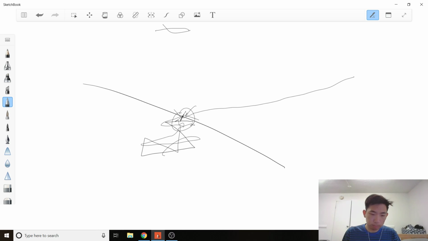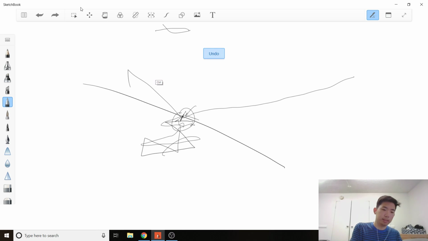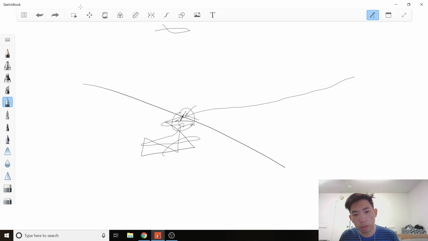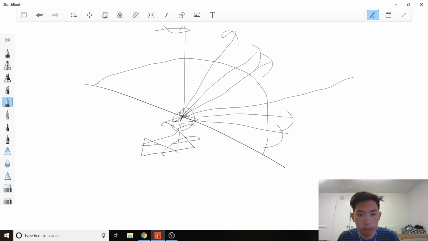So it could exit here, here, here, here, here, right? Statistically speaking, it's going to emit back out radially within the hemisphere. There's going to be an equal amount of outgoing light, after the interaction ends, through all the hemisphere points. I'm not going to draw them out.